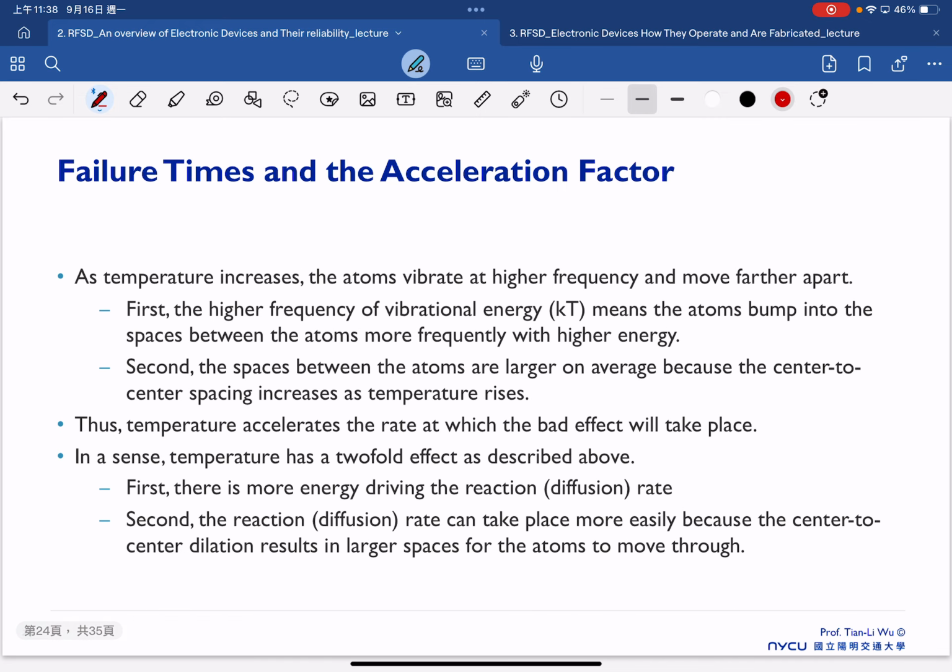Okay, so generally, as the temperature increases, the atoms vibrate at a higher frequency and move further apart. First, the higher vibration energy kT means the atom bumps into the space between the atoms more frequently with a higher energy. So what does this mean?